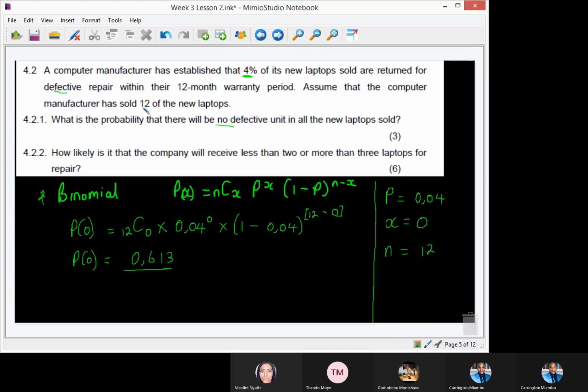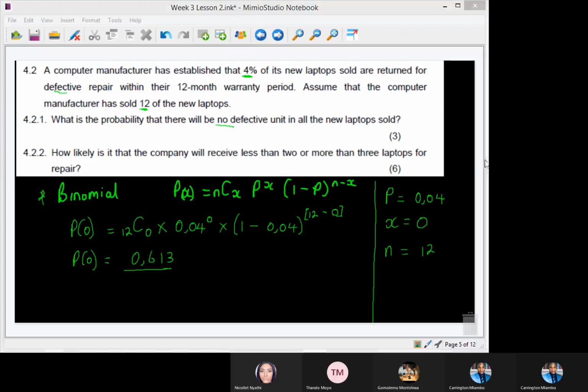And n, we have a sample of 12 laptops, so n is 12. Then we substitute into our equation: probability that there won't be any defective, which is x equals 0, is 12C0 multiplied by 0.04 to the power 0 multiplied by 1 minus 0.04 to the power 12 minus 0. Then we get our answer, just like that.